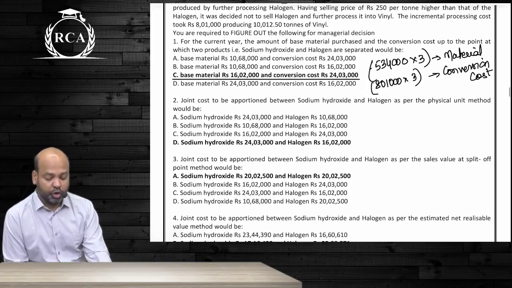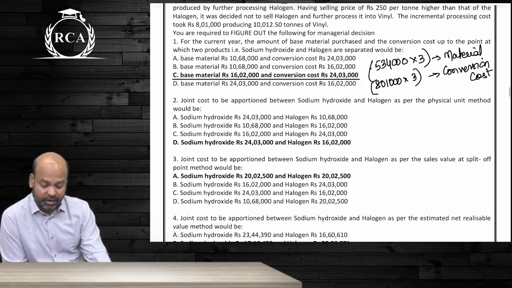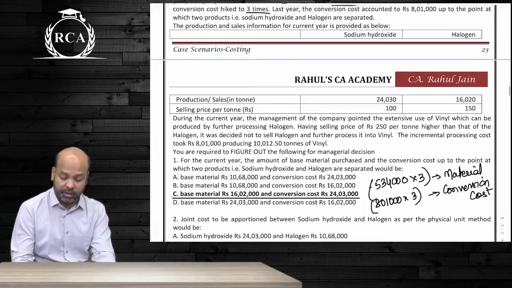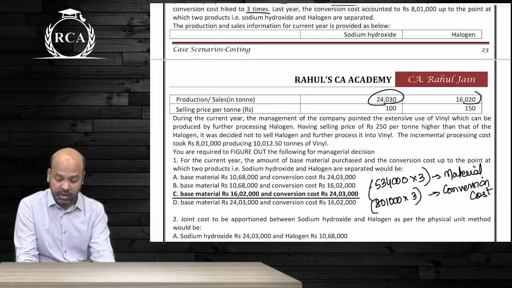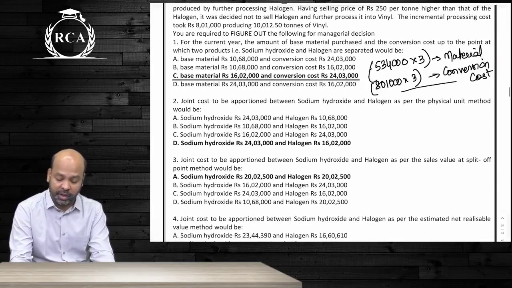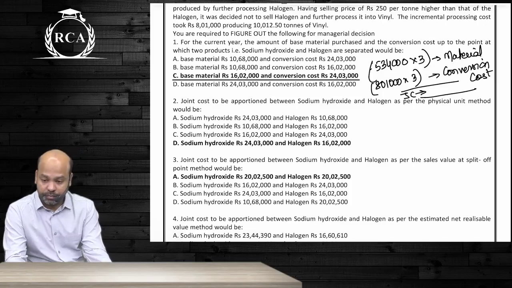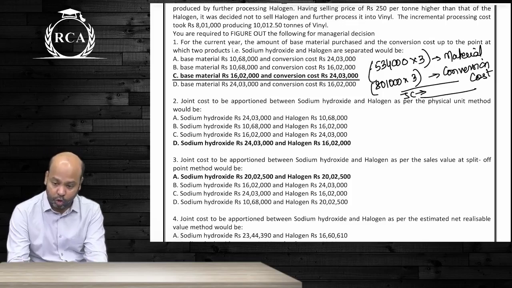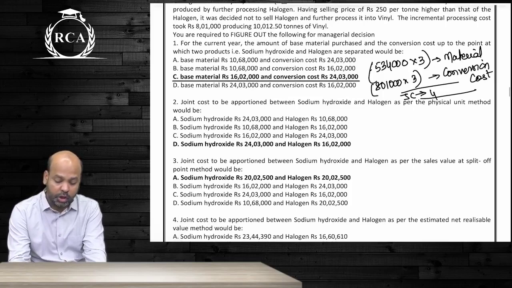Joint cost to be apportioned between sodium hydroxide and halogen as per physical units method. Physical units देखो बेटा कितना है? 24,030 and 16,020. यहाँ पे total joint cost कितना है बेटा first bit में? दोनों मिला के बोल रही है ना? Total joint cost is 40 lakhs 5,000 guys.